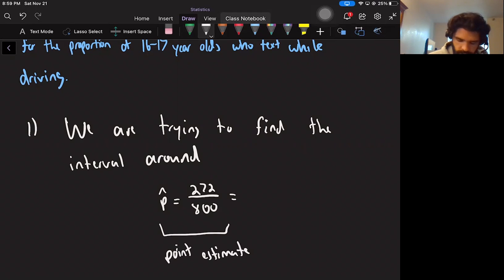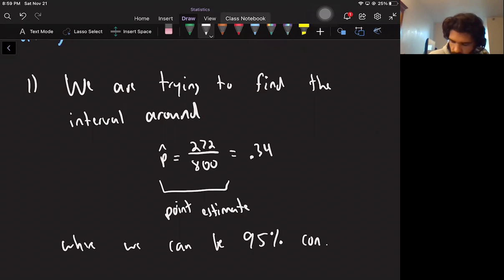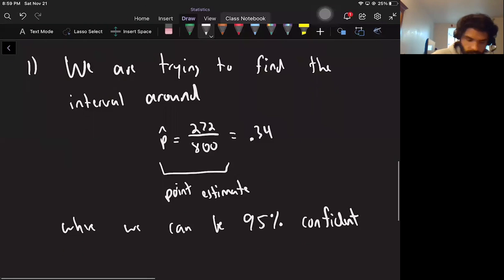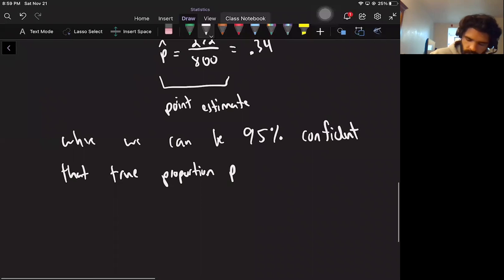So we're trying to find the interval around this number, which I'll round to 0.34, where we can be 95% confident that the true proportion of people that do this thing, which is the true proportion of 16 to 17-year-olds who text while driving, is in there.